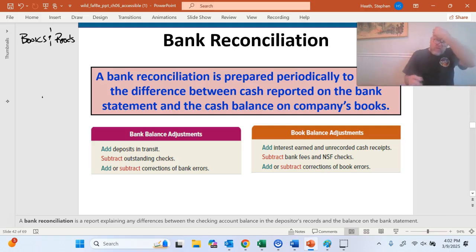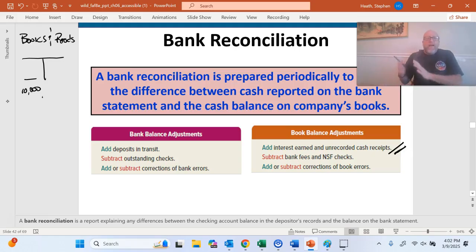Whatever my T account is for cash, the ending balance, this 10,000, what we need to do is we need to add any interest from the bank statement, right? So if we open up the bank statement and we look at the bank statement, we're going to have interest that we may have earned, right?